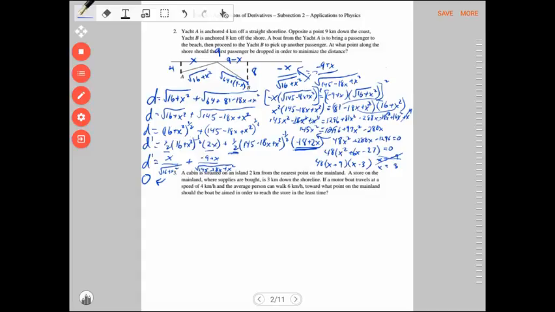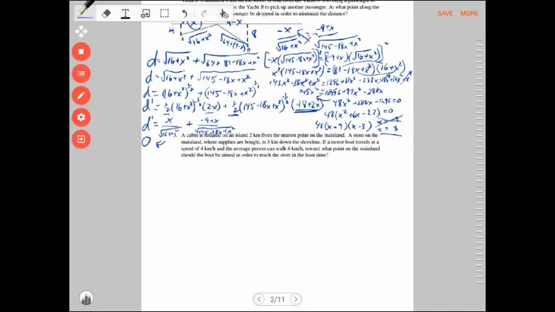That means we aim for a point 3 kilometers down the shore, which is 6 kilometers down from A, but this x here is 3. At what point along the shore should we drop the passenger? 3 kilometers down the shoreline. Sorry, I don't have room to write a sentence, but that's how you would do it.